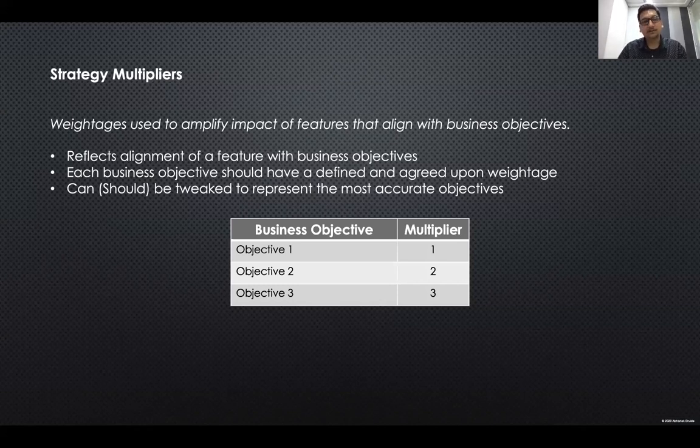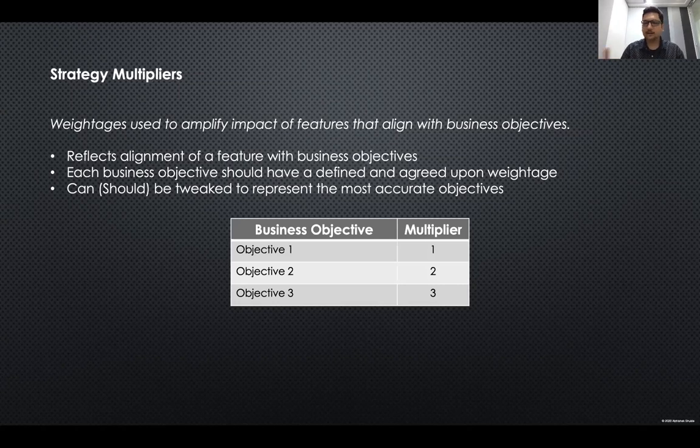So the second point here, which is each objective should have a defined and agreed upon weightage, is very important. When you're doing this exercise in a company, make sure that you have a word with your leadership, your senior product folks, maybe business owners, and try to get the right weightages for these objectives. And then most often what happens is that objectives keep on changing, right?